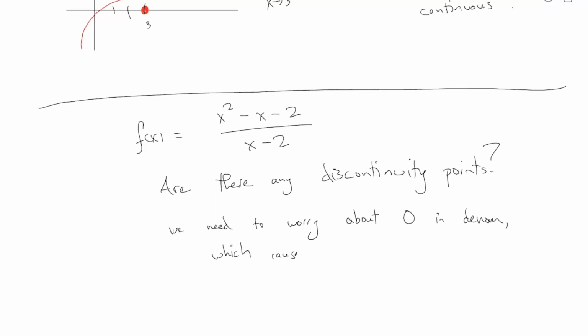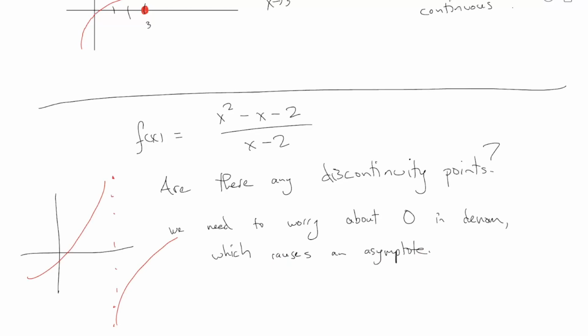Which causes an asymptote, right? This function here is all nice functions. These are polynomials, right? The top is a parabola, the bottom is a line. So there's no funny business about just like random points which are broken apart from the curve. But you should be concerned about 0 in the denominator, which causes an asymptote, because if there is an asymptote, then the curve might look something like this, and that's not continuous because of the asymptote, right?